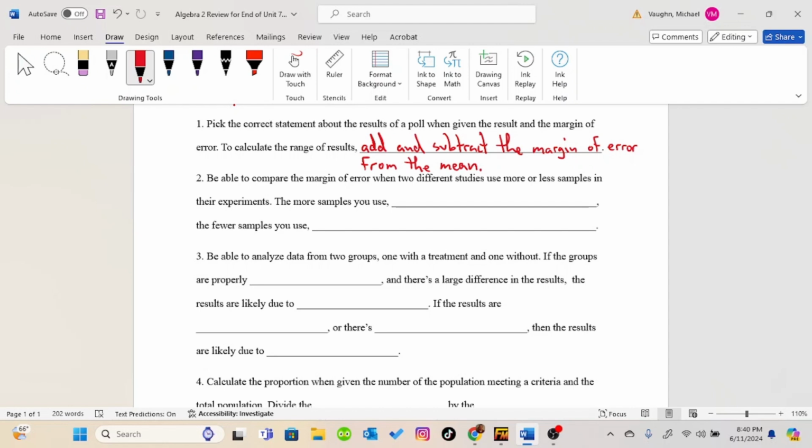So if you subtract the margin of error from the mean, you will get the low end of the range. And if you add the margin of error to the mean, you will get the high end of the range.